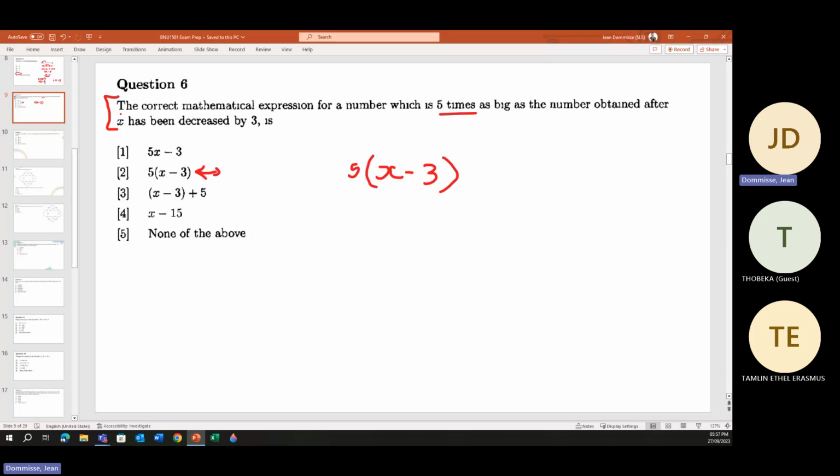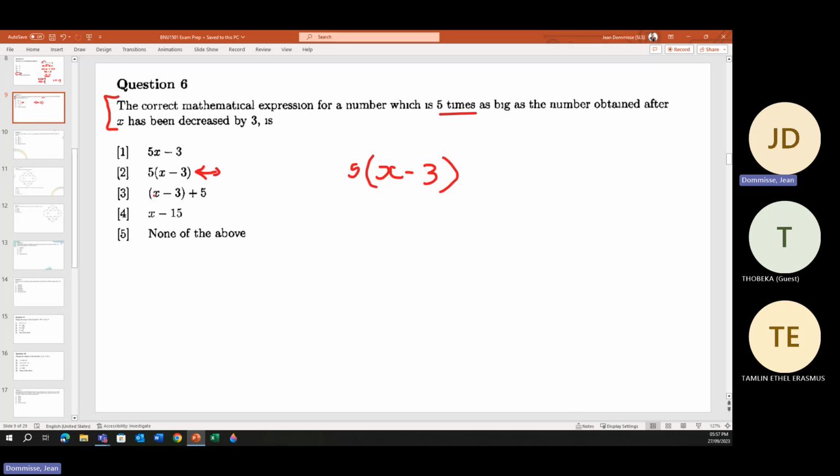Instead of reading it as x has been decreased by 3, and then you make it 5 times as big. Let me quickly, x minus 3.